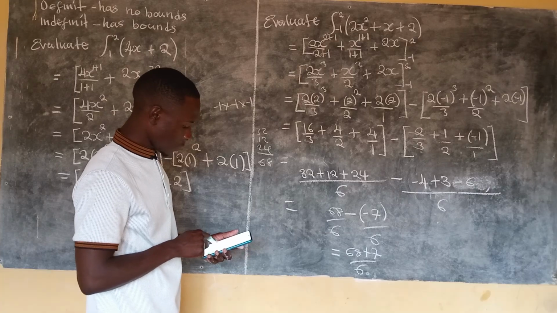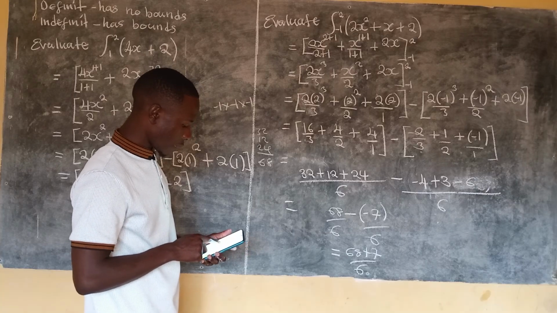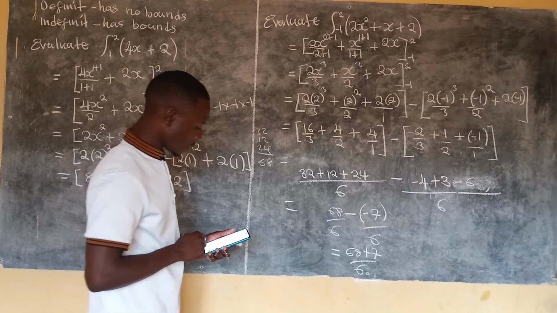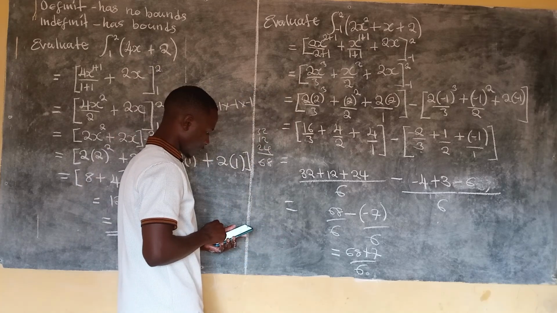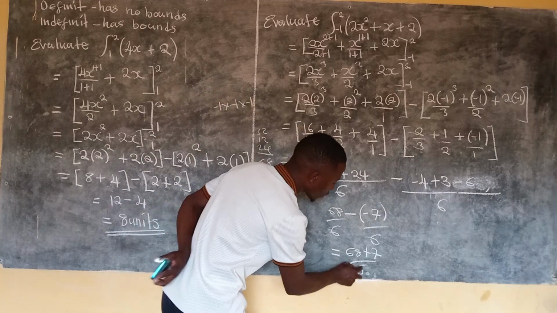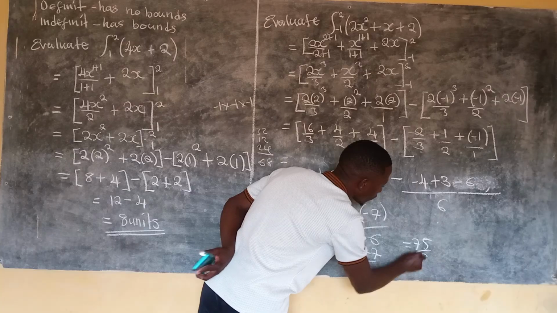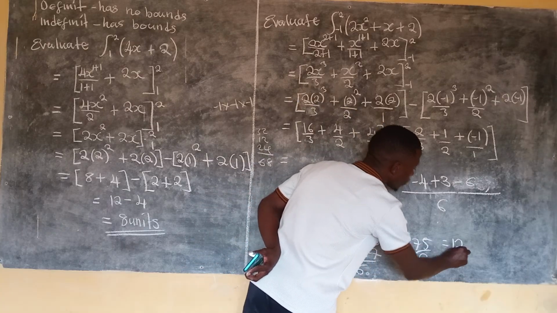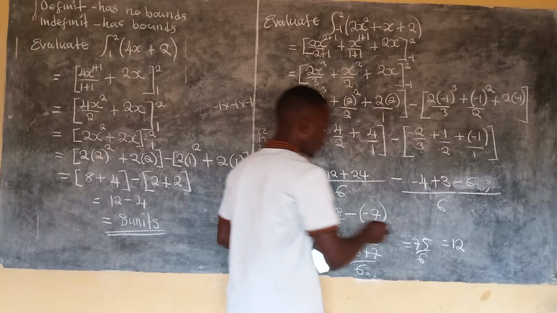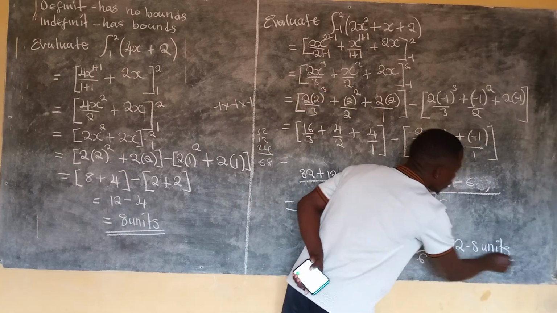We have 68 plus 7. Yes, 75. So this gives us 75 over 6. This into this one will give us 12.5. Then remember, we put units.